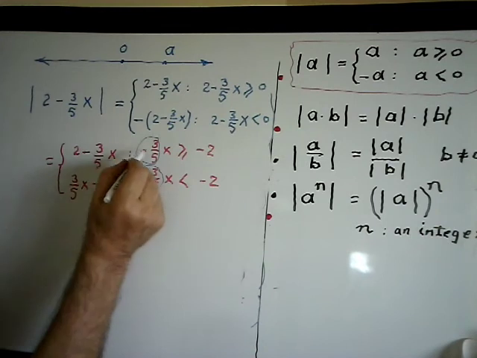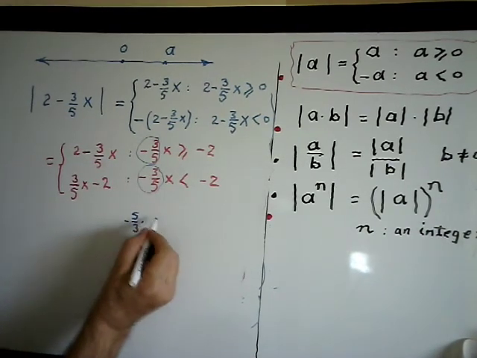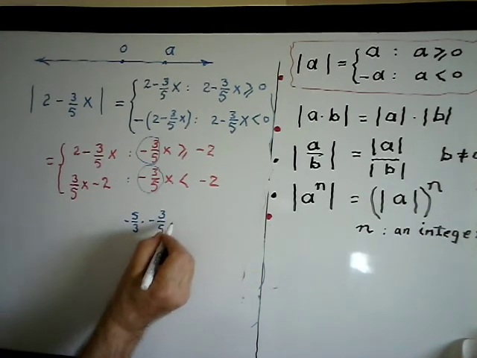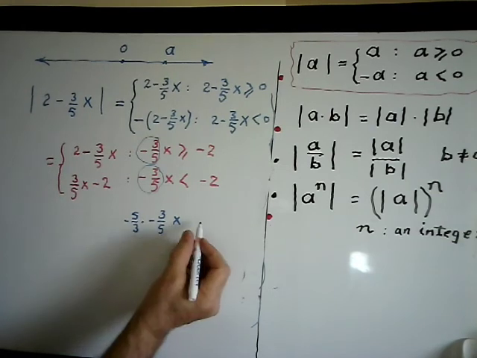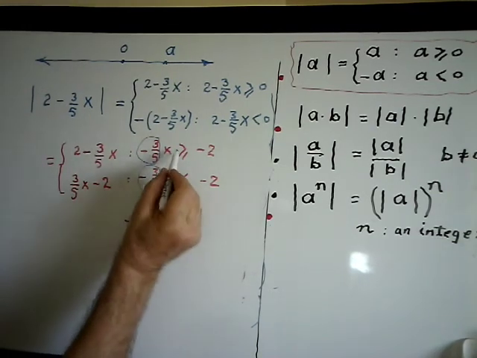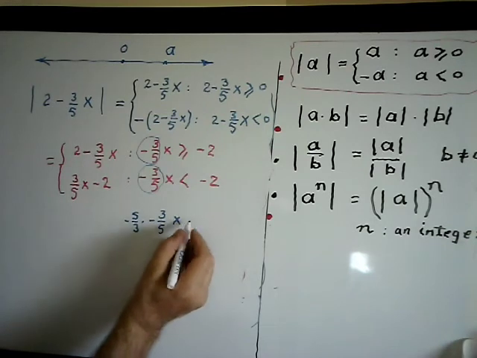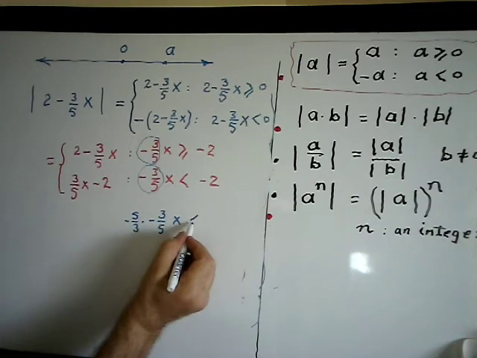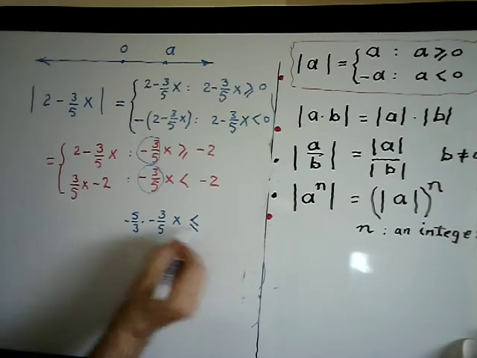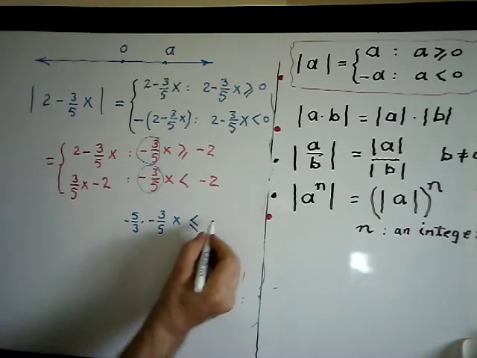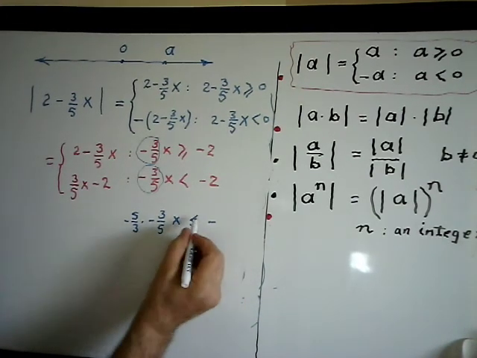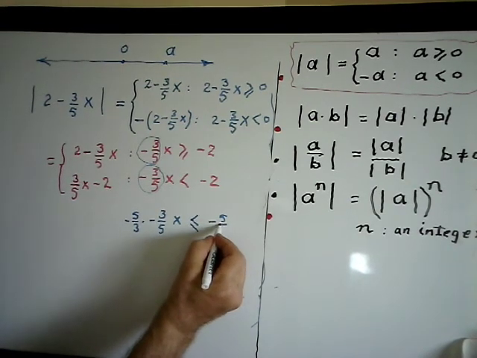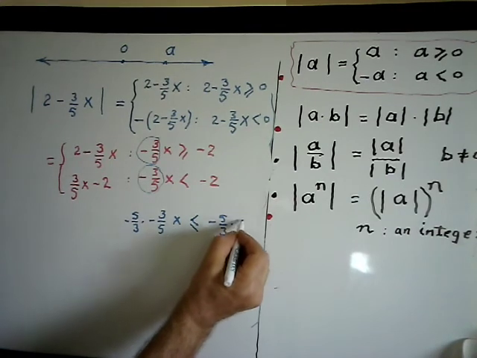So multiplying this by the inverse, as we multiply both sides by a negative, the inequality sign will be changed from greater than or equal to less than or equal. Be careful about this. And here we do the same thing by multiplying the other side by this inverse, which is negative 5 over 3 by negative 2.